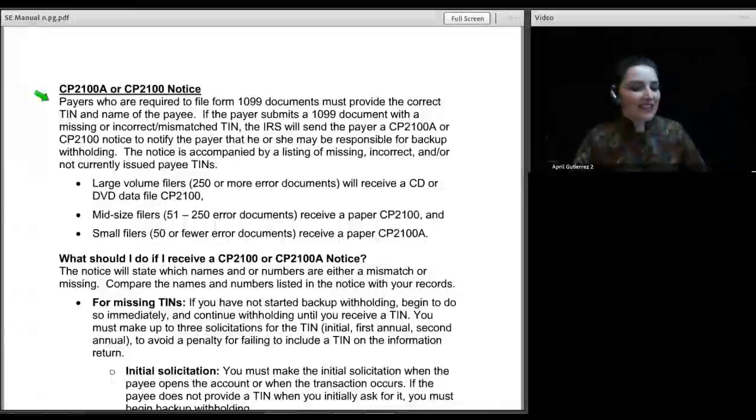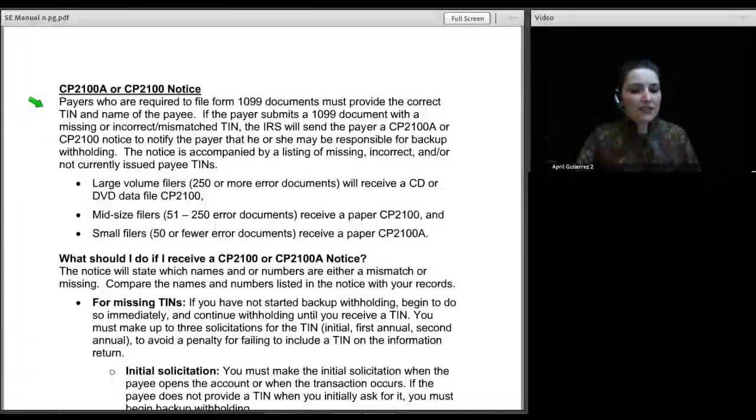And then the IRS actually at its update forum last November started talking about the B notices there. So this is the new thing that they're onto. If you are a payer who is required to file Form 1099 documents, you must provide the correct taxpayer identification number and name of the payee.